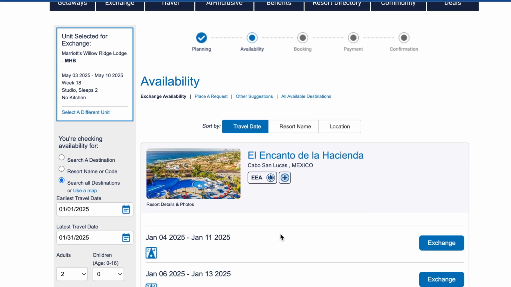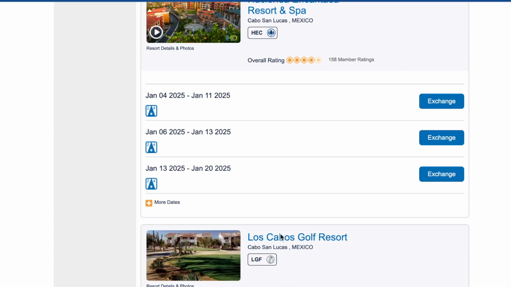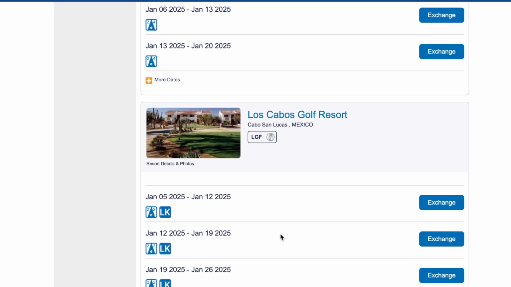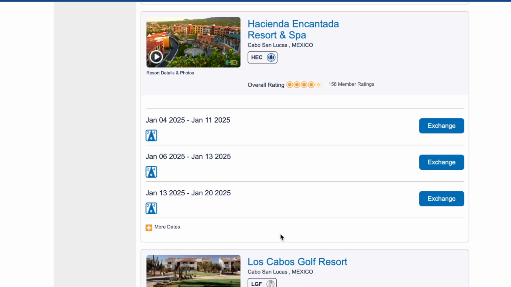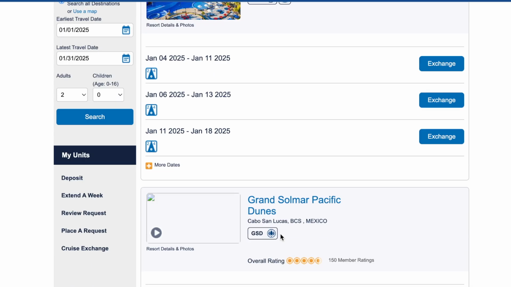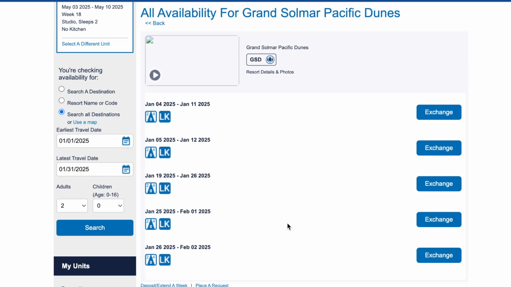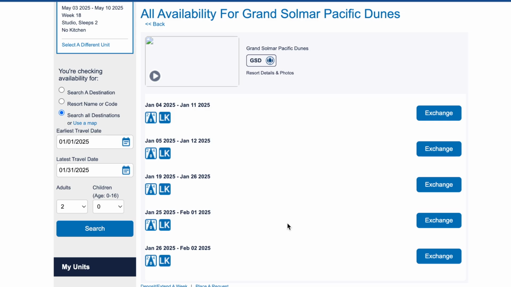It is giving me different weeks at what's available, South Baja, Cabo San Lucas in January. And from here, I can select, let's see if I can narrow it down. Let's do the Grand Solmar. All right, here is all availability for the Grand Solmar Pacific Dunes in the month of January for my particular exchange.